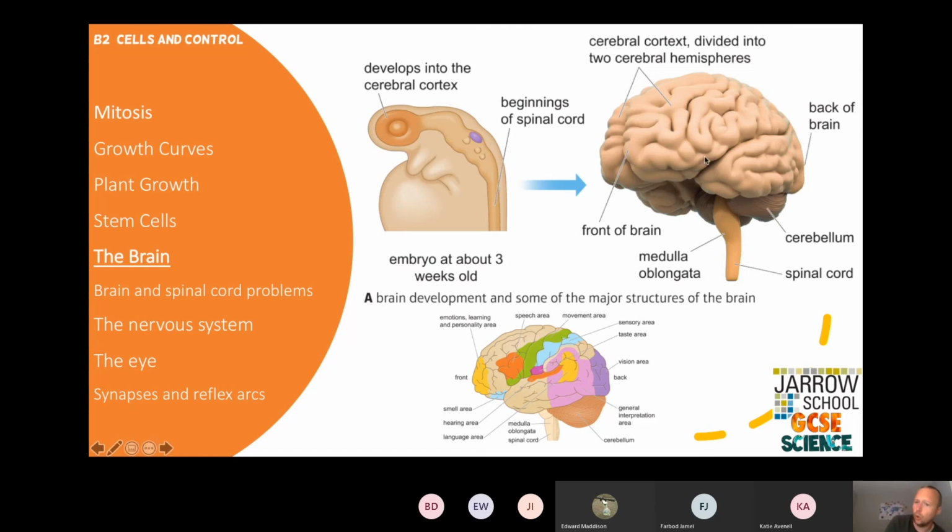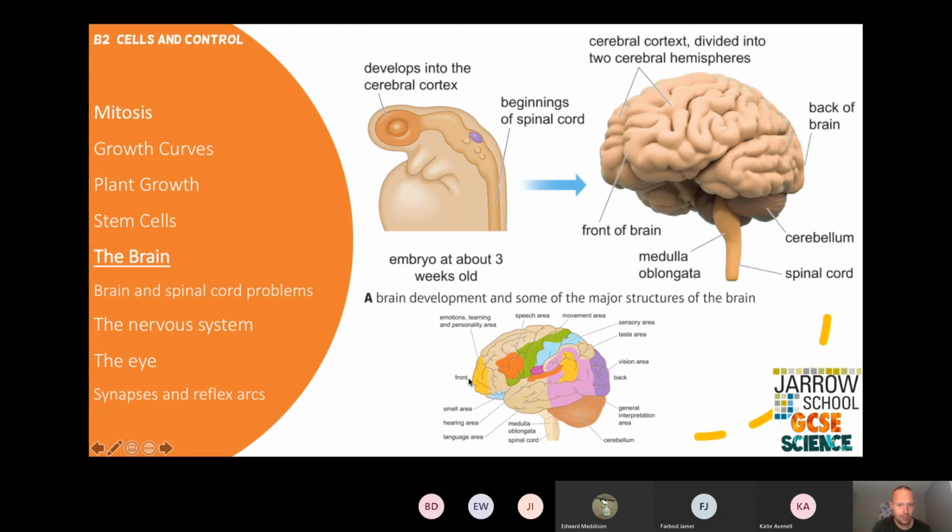Right, the cerebral cortex, this is the more human part of the brain. It's highly folded. It makes up 80% of the mass of the brain. And at the bottom here, you do not need to know any of these. You don't need to remember these, but there are different areas within the cerebral cortex which do different jobs.